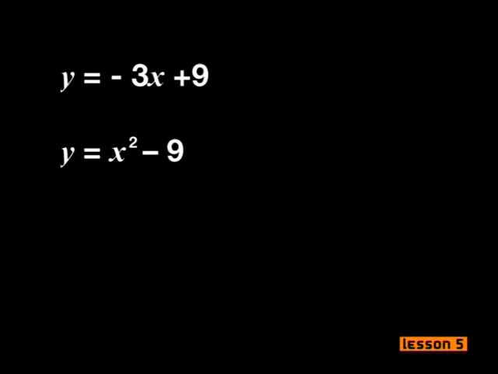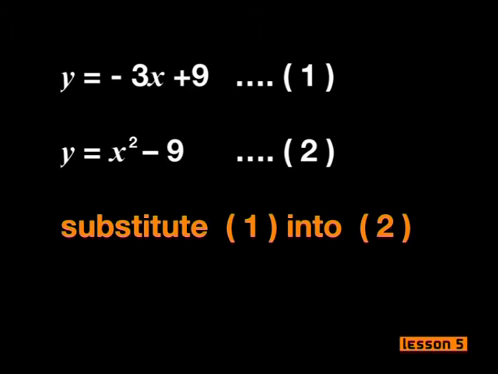Yes, I can. Okay, I'll call this equation 1 and this equation 2. The y values are already the subject of the formula, so all I need to do is substitute. In equation 1, y is equal to minus 3x plus 9.